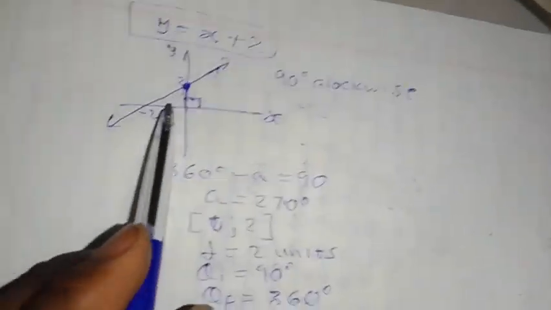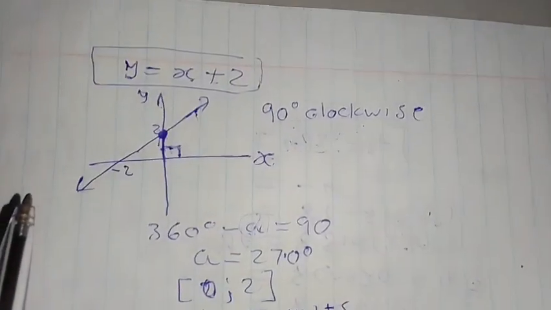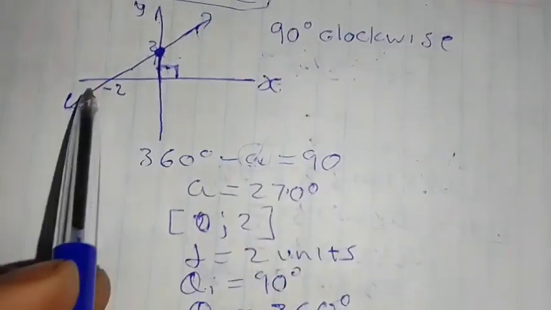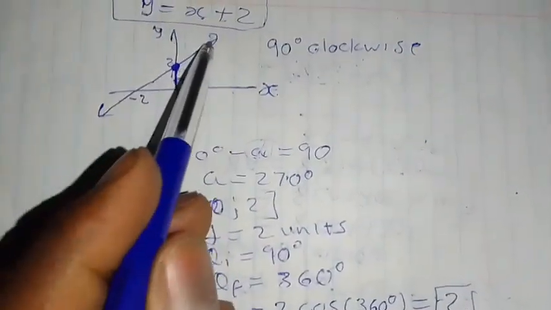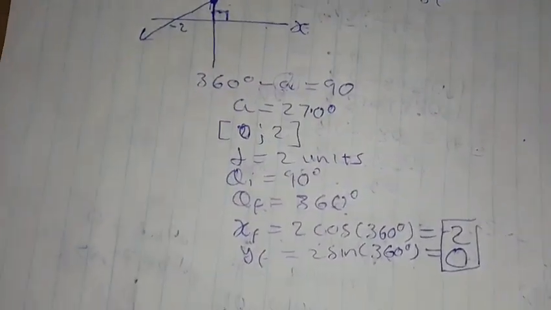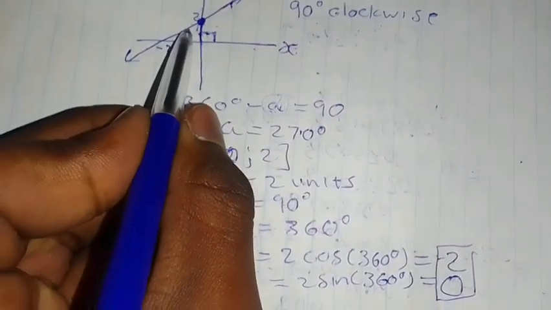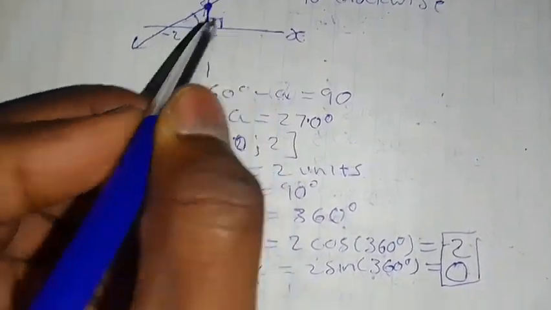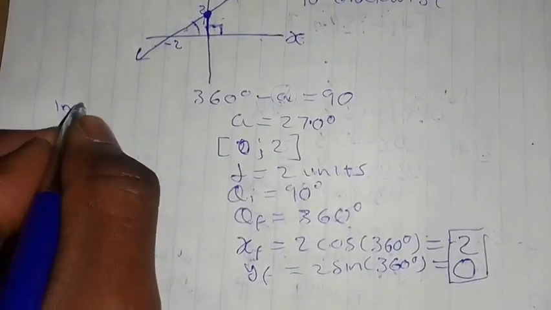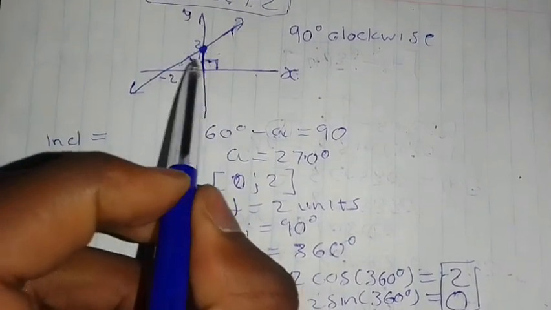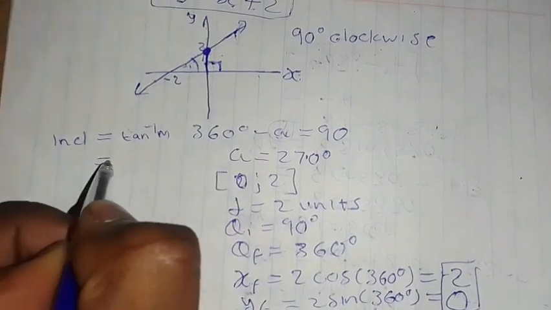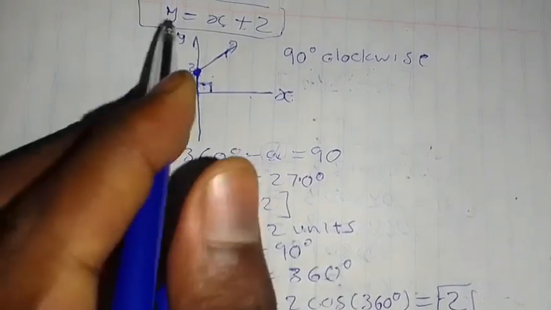Now, remember, you have this function. It's no longer just this point only, it's every point along this function. Every point along this function must undergo that rotation. Now you're going to find the gradient of the function, the inclination angle of that function. The inclination angle of this function is going to be arctan of the gradient, and the gradient of this function is just 1.